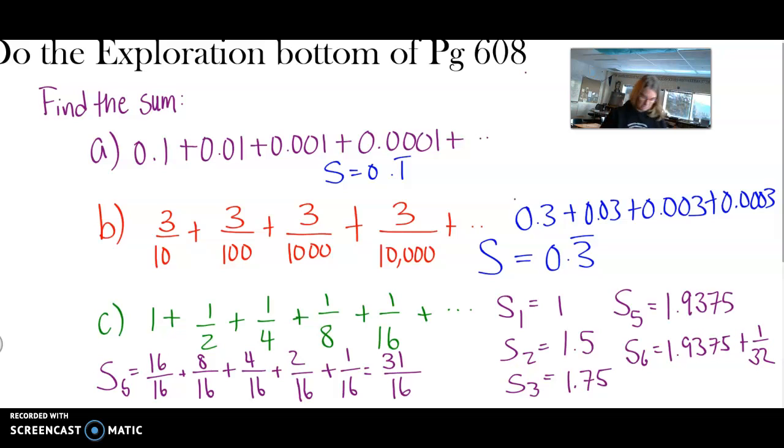I'm using my calculator and adding that together, and it's equal to 1.96875. It looks like the decimal in the tenths place isn't changing, but now the hundredths place is changing. So it looks like it's converging, and it looks to me like it's converging upon the number 2. We haven't proved that, but the pattern looks like that's what's happening.